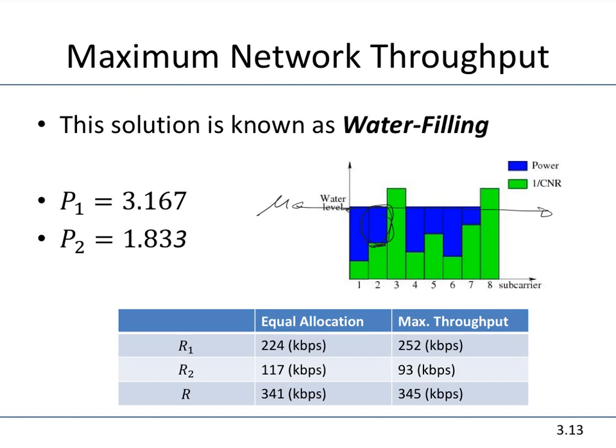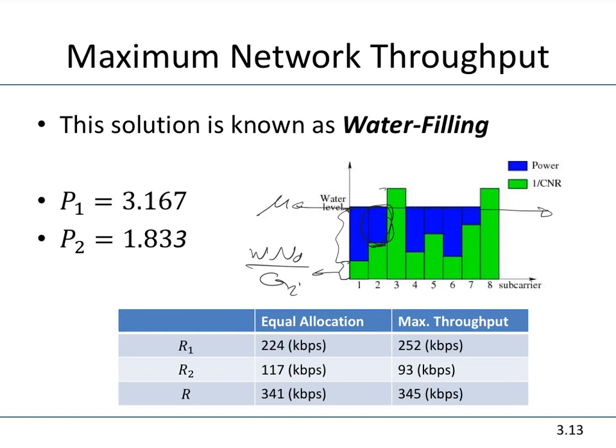And this is the noise N0 divided by Gi. So this part. Only if this part is positive, we can give you this amount of resources.